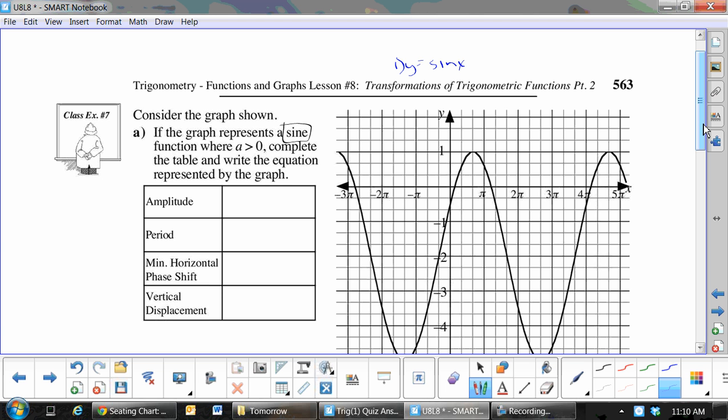Now this one, you see how it goes up... Oops, sorry. Pi over, that's going to be about there. So this is what it used to be at one time.